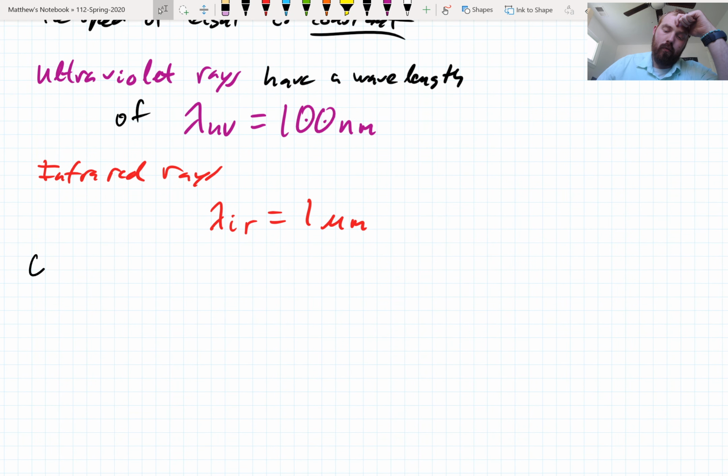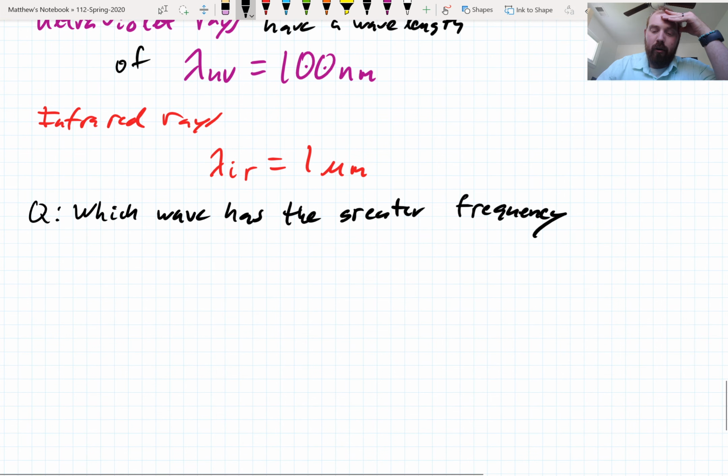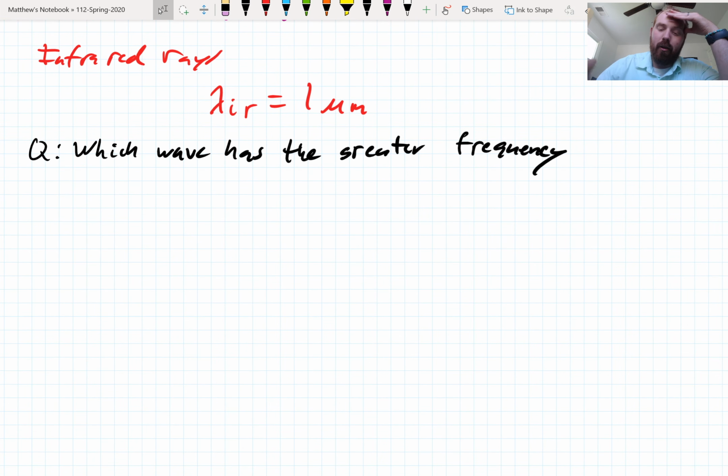So the question is, which wave has the greater frequency? Now I could use the speed equations to just explicitly calculate the values, but it's hard to use a calculator. Let's just use numbers that we can do by hand. Who needs a stinking calculator? So let's write this out.